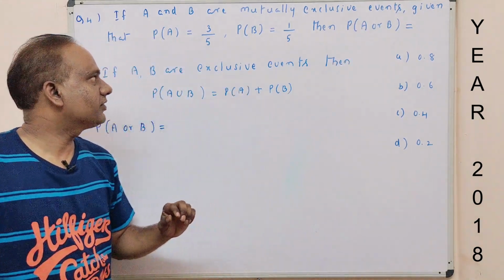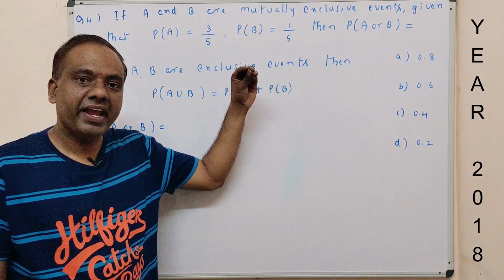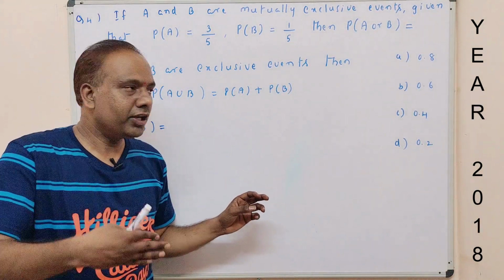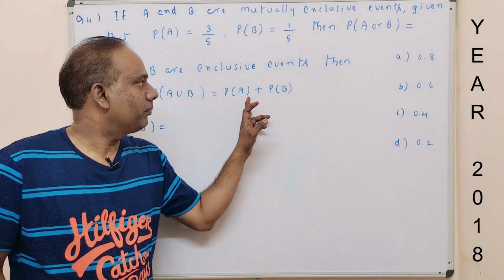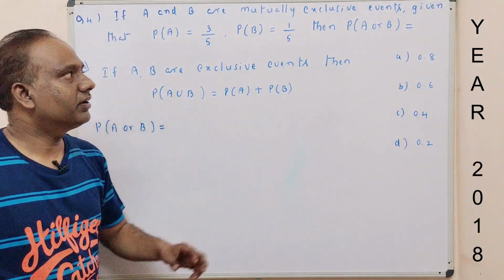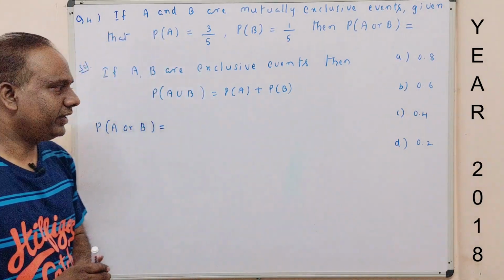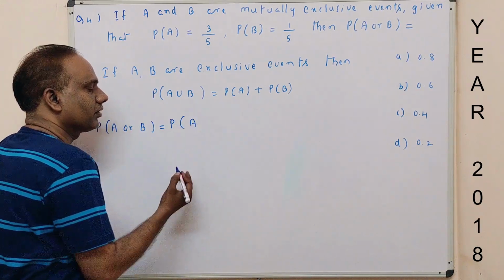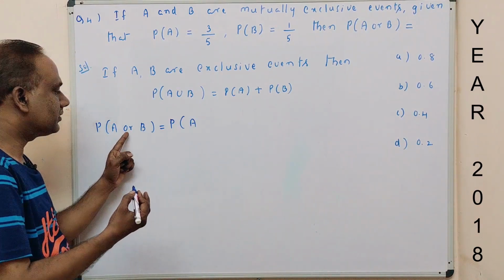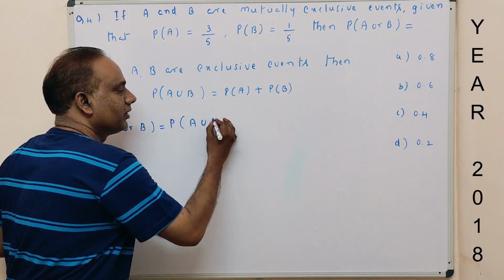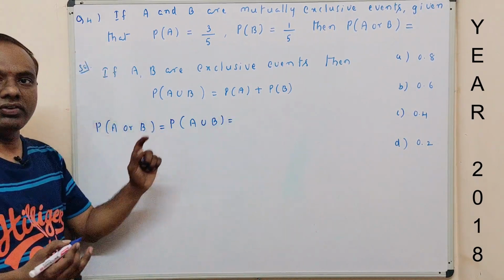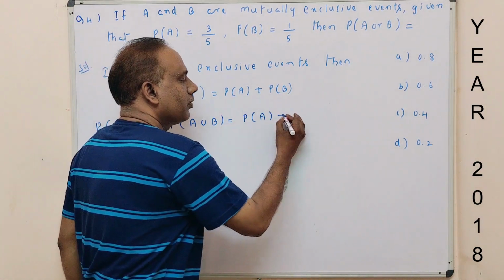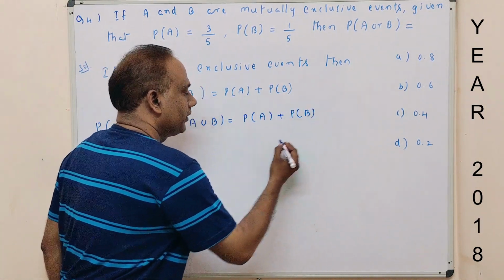First of all, the condition: A, B are mutually exclusive events, so in this case P of A union B is equal to P of A plus P of B. P of A or B means union. So P of A union B is equal to P of A plus P of B.